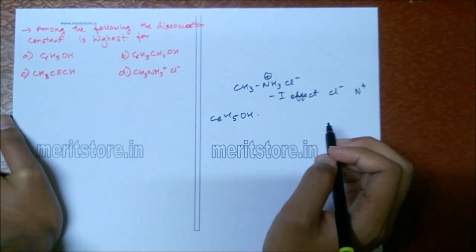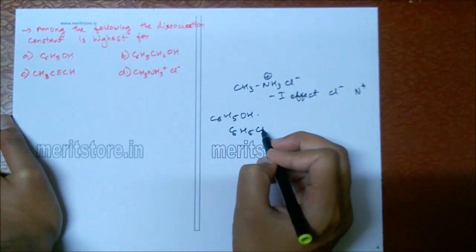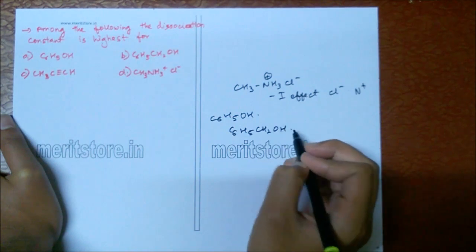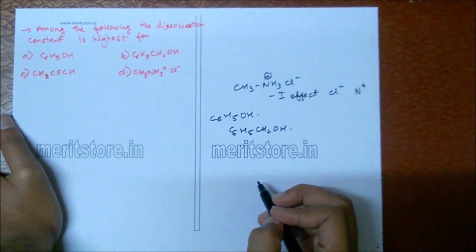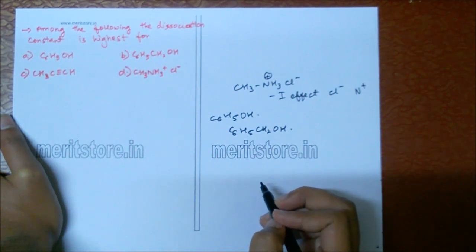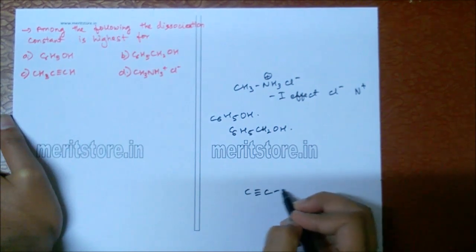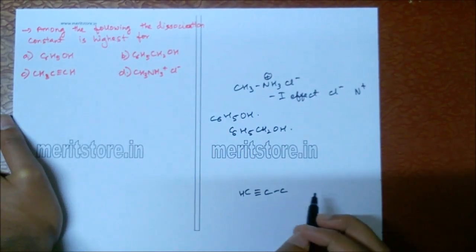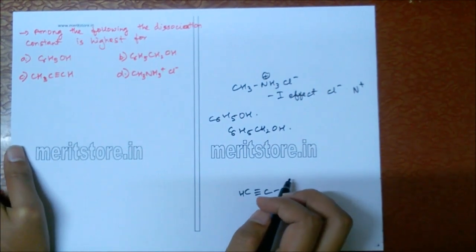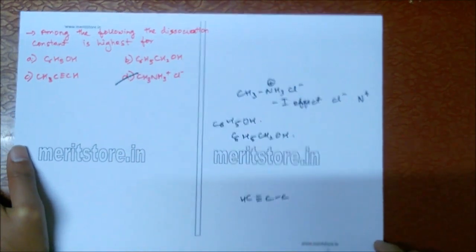Similarly, due to hydrogen bonding in C6H5CH2OH, it can eliminate, and the compound propyne shows acidic character due to the triple bond. Here is the acidic hydrogen. So option D has the highest dissociation constant.